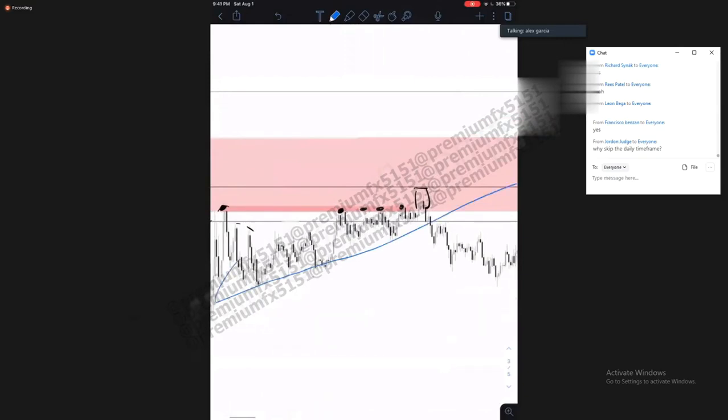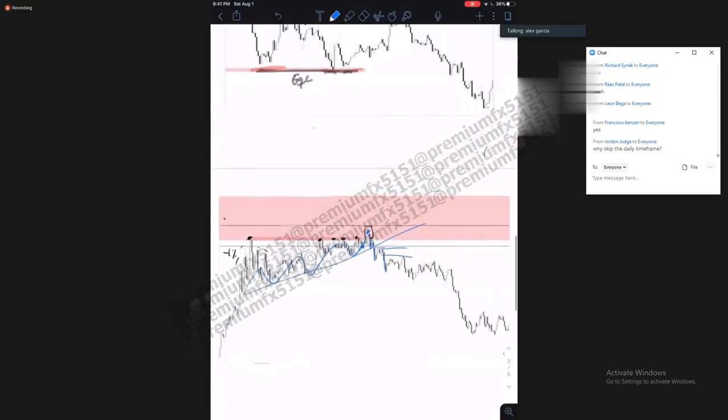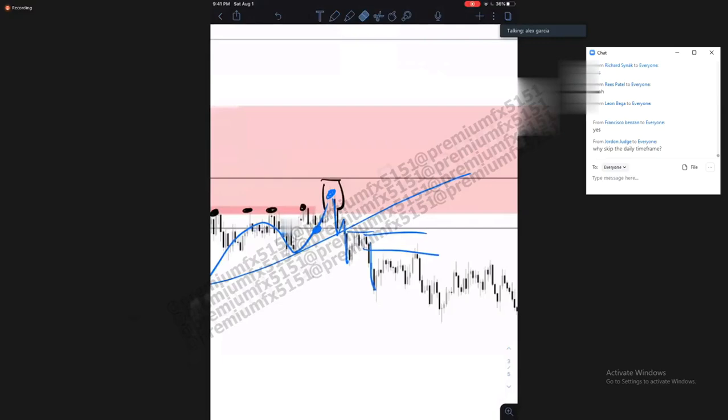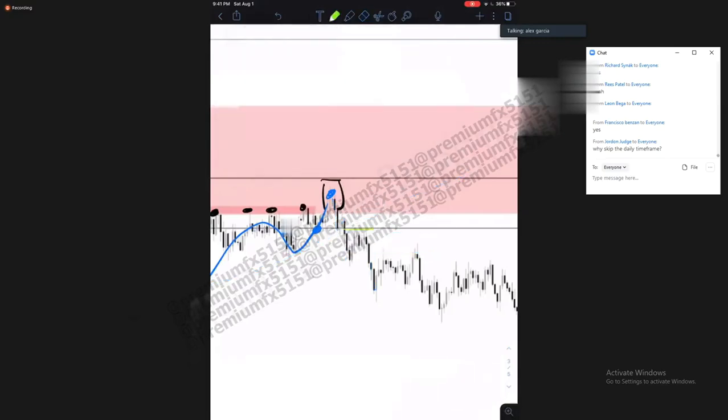Also the momentum trend line coming to the upside broke my last structural point. Whatever our entry was, my entry came right here.